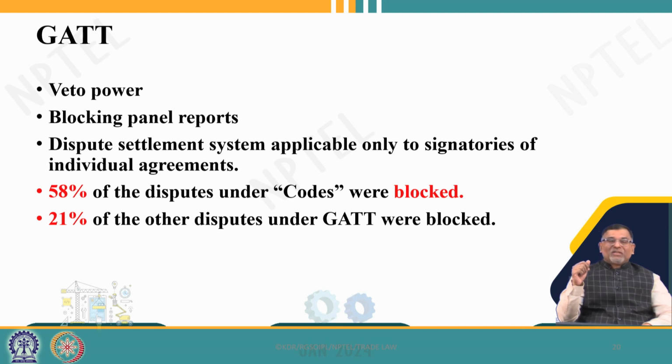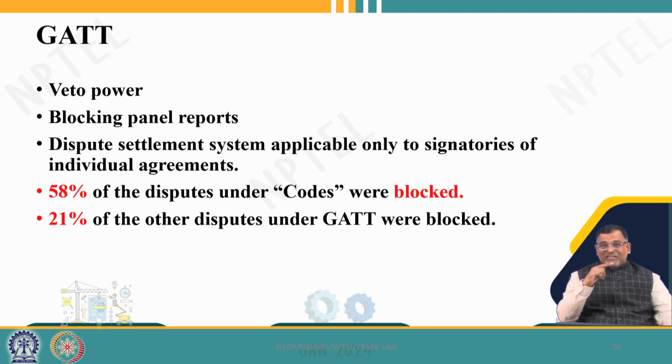It means in the GATT system there were very few disputes, and after the Tokyo round the disputes doubled or tripled. There were a lot of disputes after the Tokyo round, and the 58% is where the blocking of reports was found.